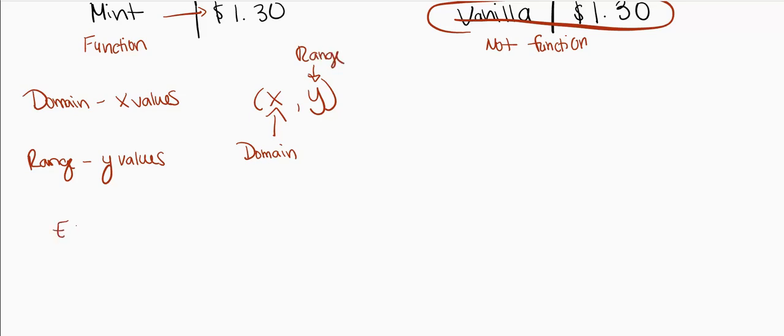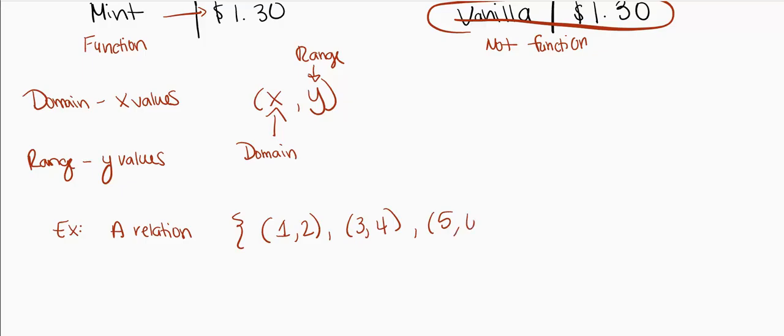So say, for example, we're given a relation, and a relation is just a set of points. So say we have (1, 2), (3, 4), (5, 6).